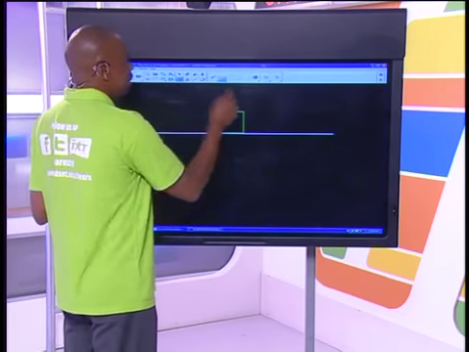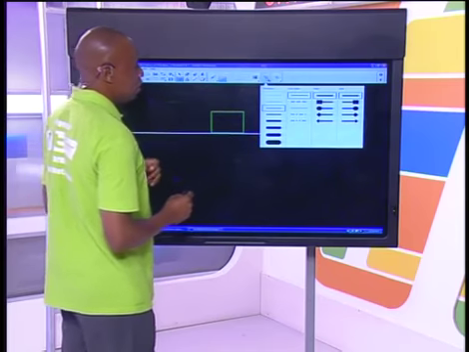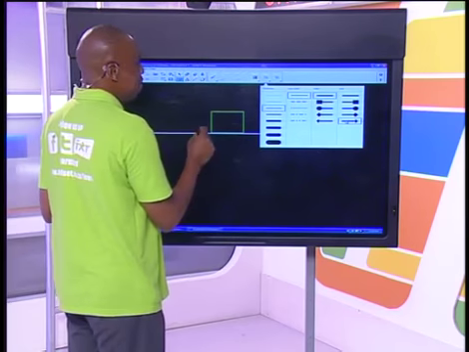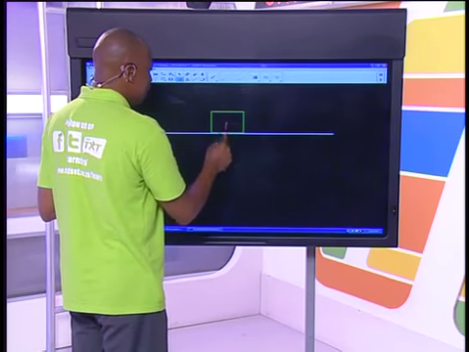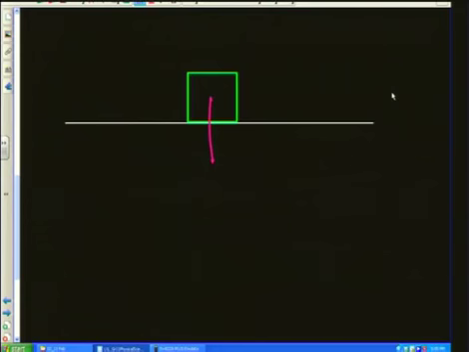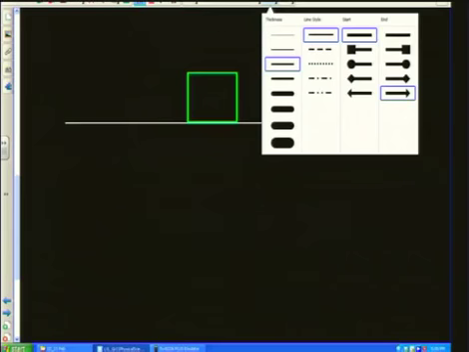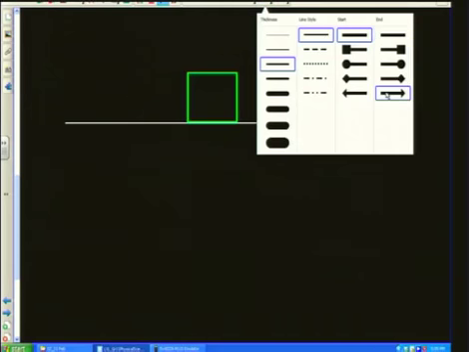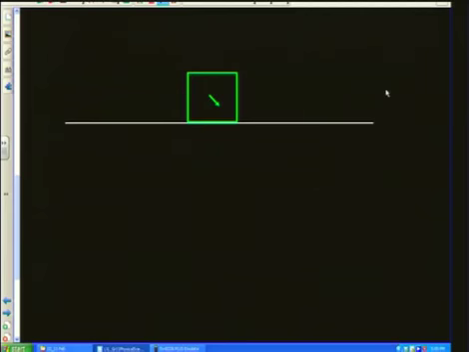So if I have a drawing like that or a box like that, I can show the forces acting on it. And the force that I know will always be there is the force of gravity. So that's the first one that I can show you.